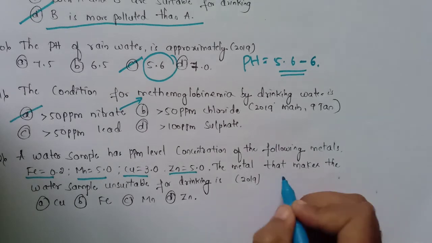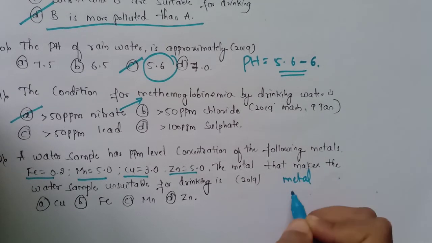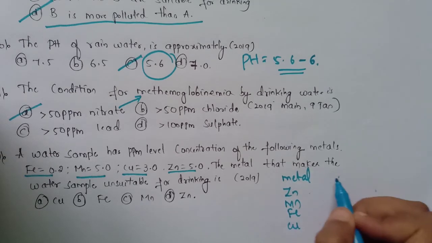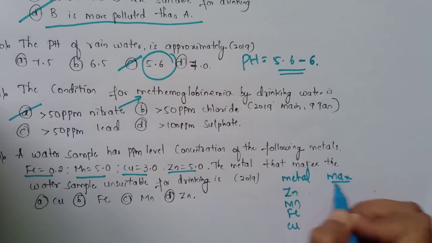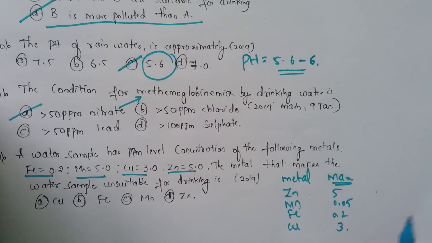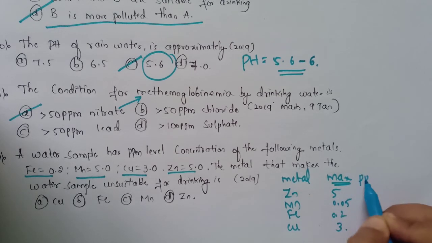For zinc, manganese, iron and copper, the maximum concentrations are 5, 0.05, 0.2 and 3. So this is the maximum concentration in ppm.